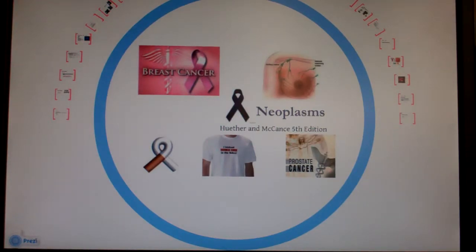Well, it really depends. There are many different kinds of cancer out there. And it certainly depends on the age of the person, the sex, the ethnicity, the geographic location, the type of cancer, of course.